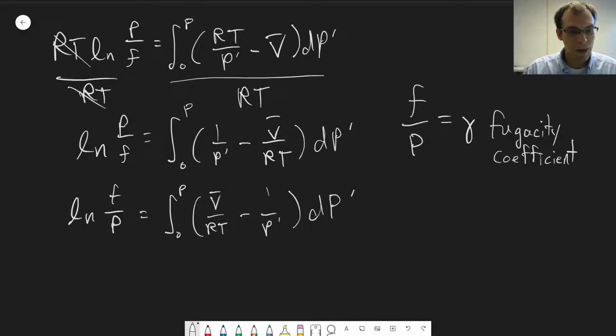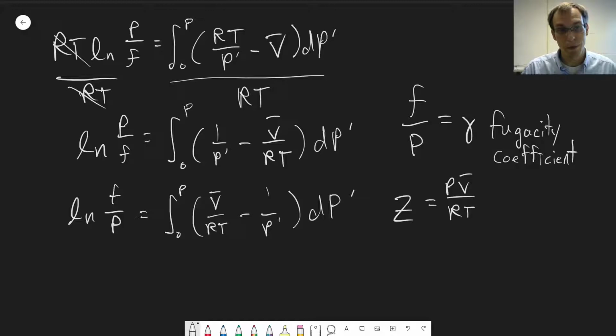And then the final thing we can do is rewrite this in terms of Z. This is the compressibility factor. Just as a reminder, Z is equal to P V bar over RT. We saw this back when we were talking about real gases, all the way back in like chapter 16.